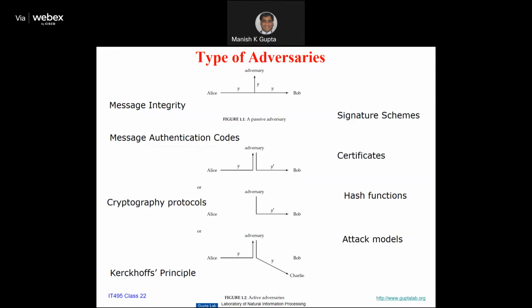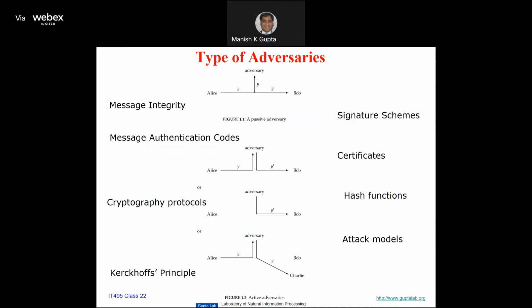That's another problem. Alice is not sending anything and Bob is receiving something, right? That's another problem. Or Alice is sending something and rather than Bob, Charlie is receiving Y. Someone else is receiving Y, right? So that's also another problem. So these are the different kinds of adversaries that are possible.